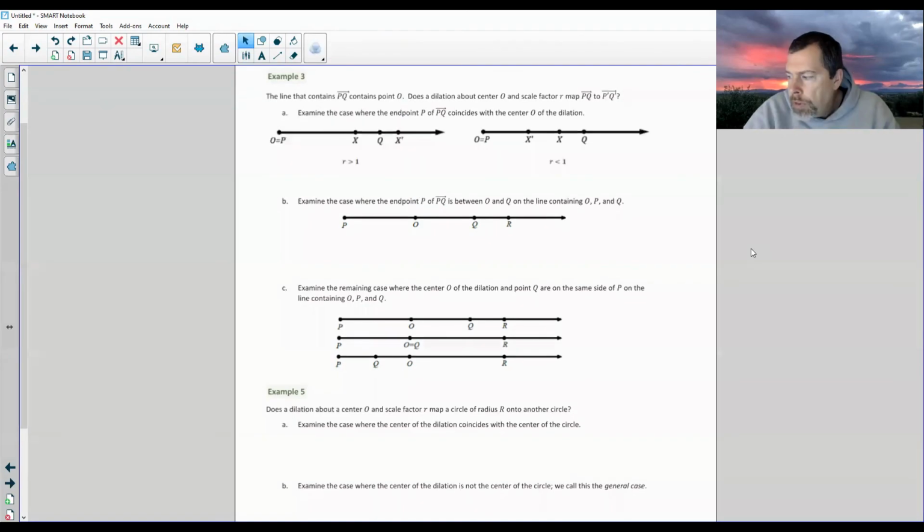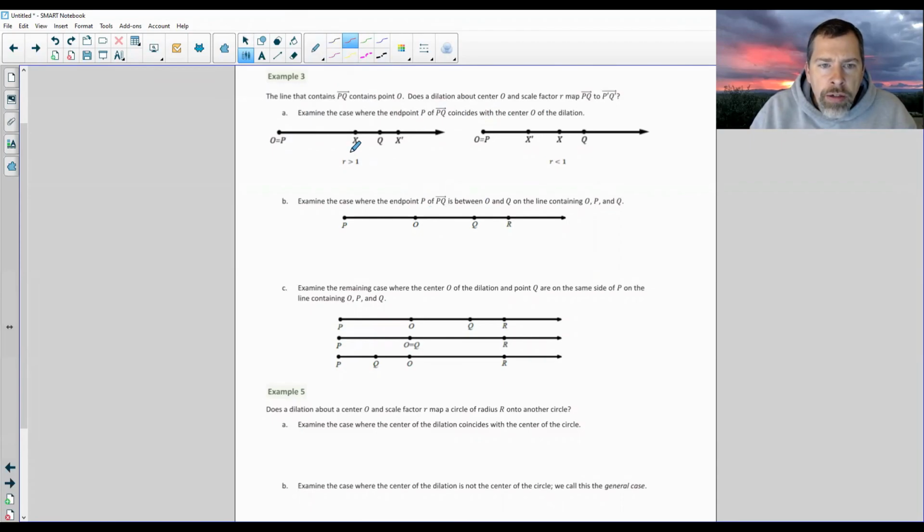Okay, I want to say more about A. I found better diagrams to explain this. It says to examine the case where the endpoint P coincides with center O. So there's O and P equal. And what they're saying is you have the ray OQ.